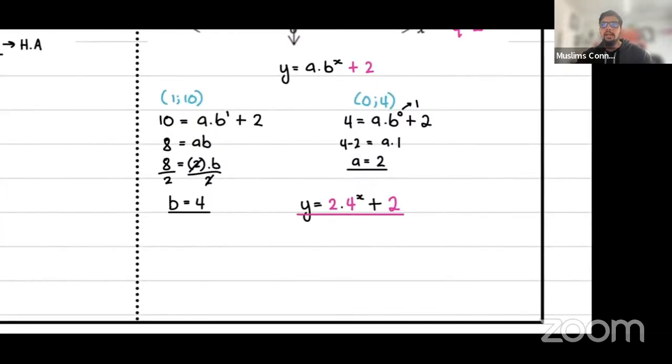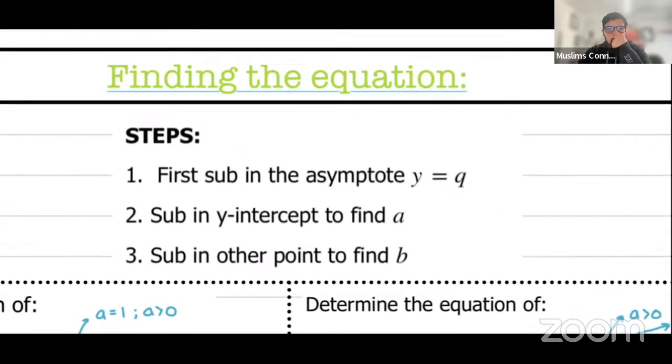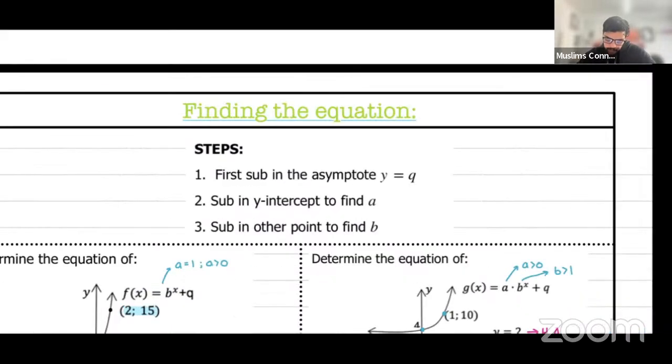We were given the diagram and asked to draw the function; here we were given the diagram and asked to find the equation. The first step is to sub in the asymptote, y is equal to q, then sub in the y-intercept to find a, and sub in another point to find b.